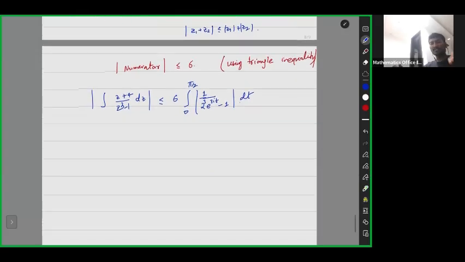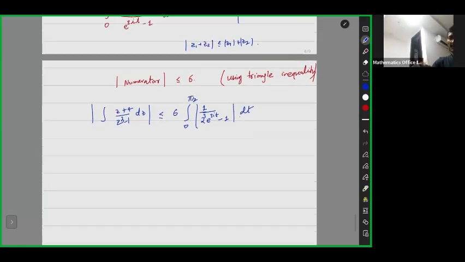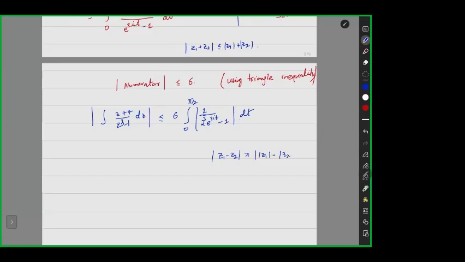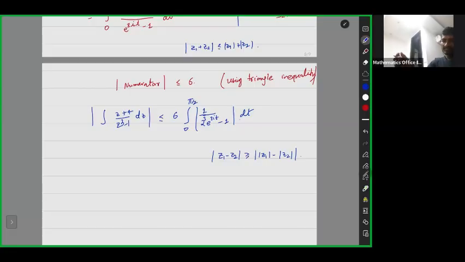Now we are thinking about the denominator. Another inequality, the reverse triangle inequality, says the modulus of z1 minus z2 is greater than or equal to the modulus of z1 minus the modulus of z2.